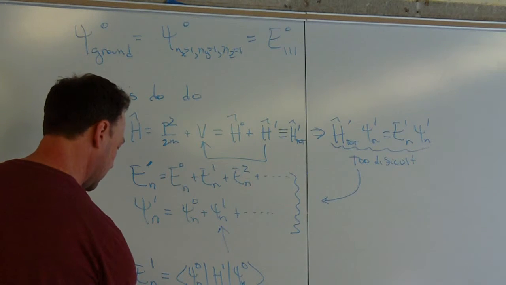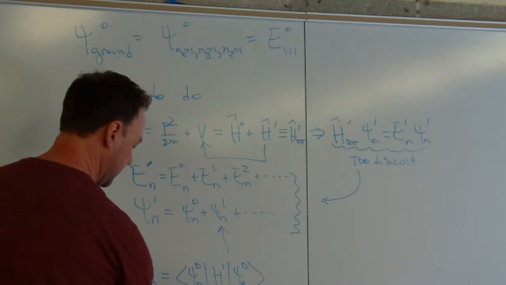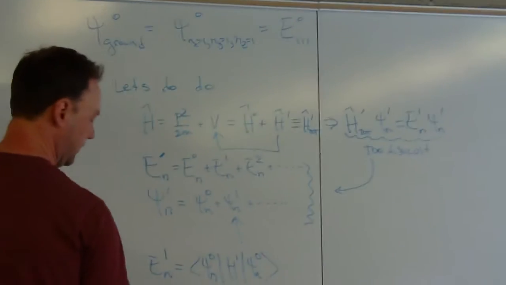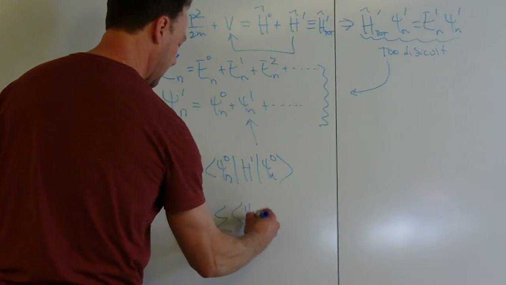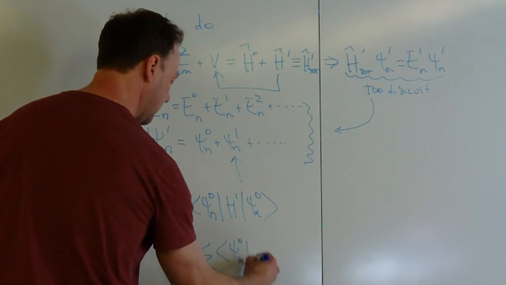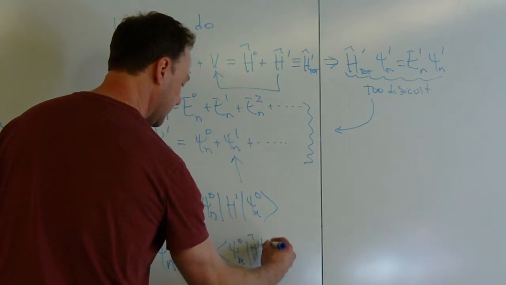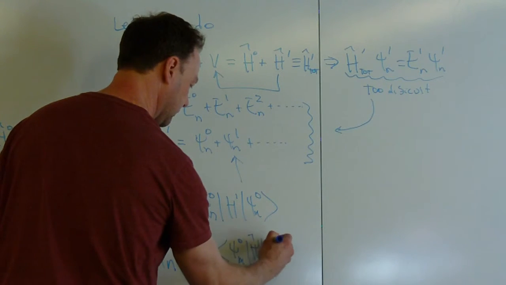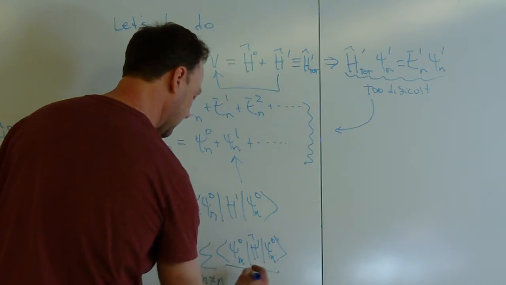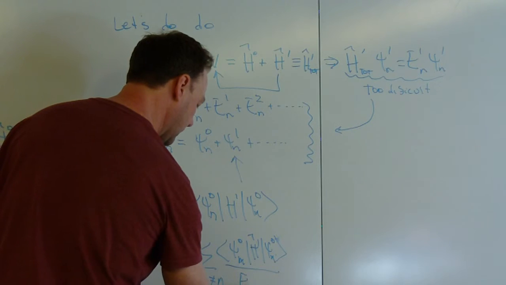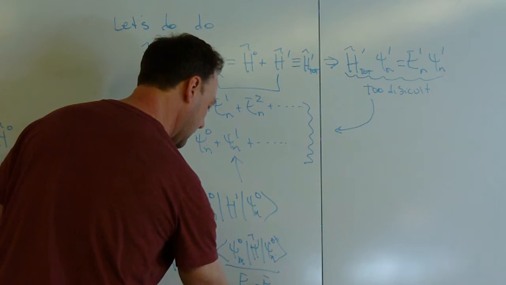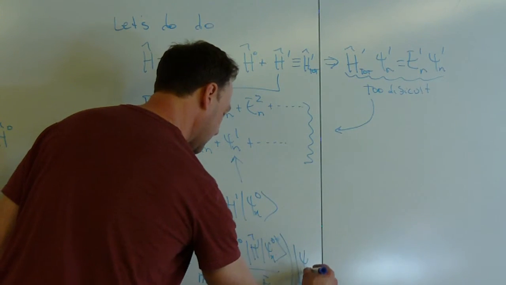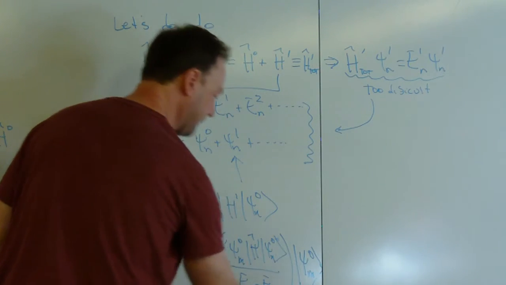Psi_n1 equals the summation over m not equal to n of the bra psi_m0, H prime, ket psi_n0, all divided by E_n minus E_m, all times ket psi_m0.